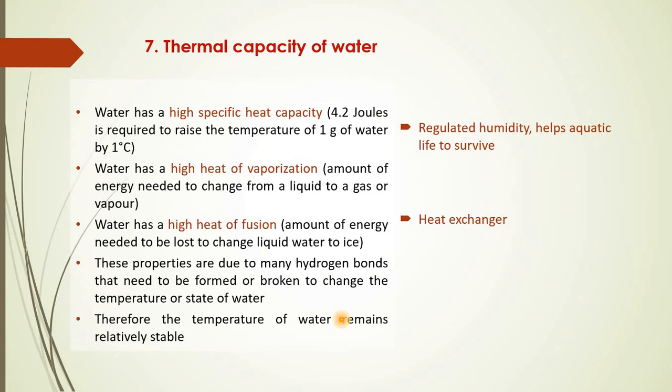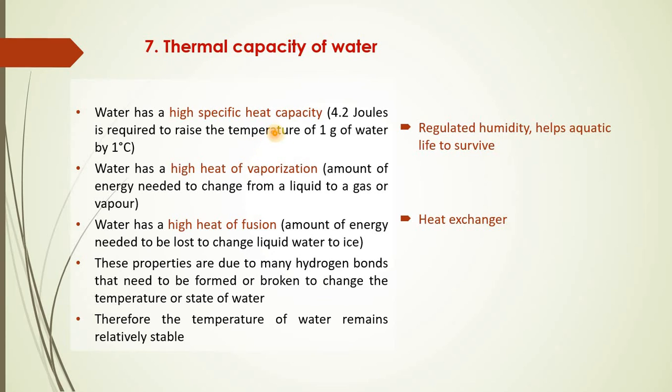Then comes the thermal capacity of water. This is a very interesting and important property of water. In case of thermal capacity, I'll be discussing the specific heat capacity, heat of vaporization and heat of fusion. Now what is heat capacity? Heat capacity refers to the amount of heat required to raise the temperature of 1 gram of substance through 1 degree Celsius, right?